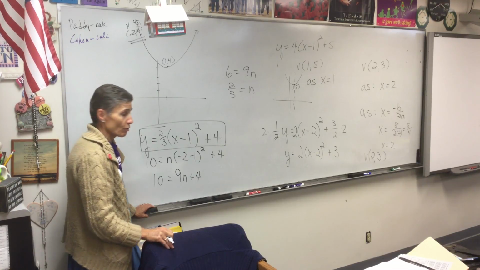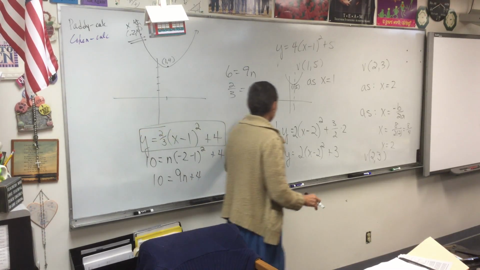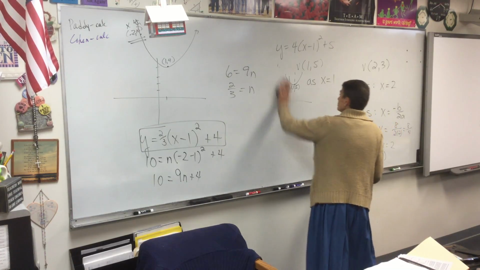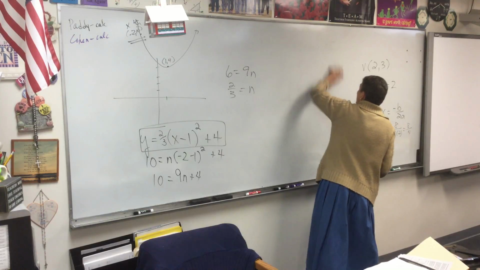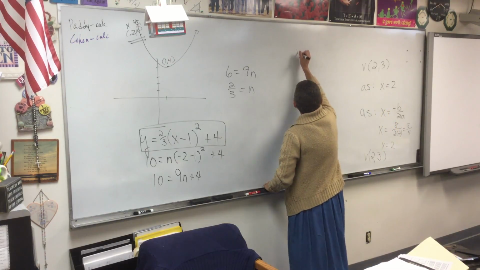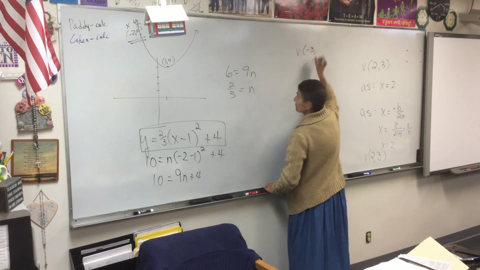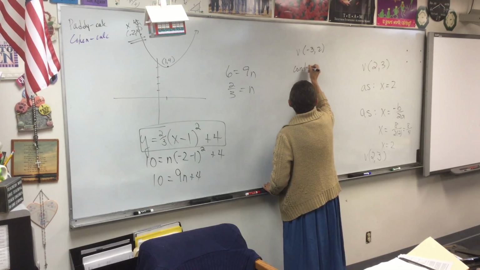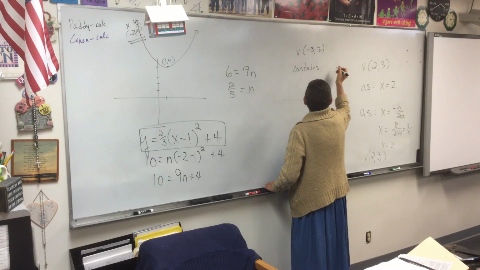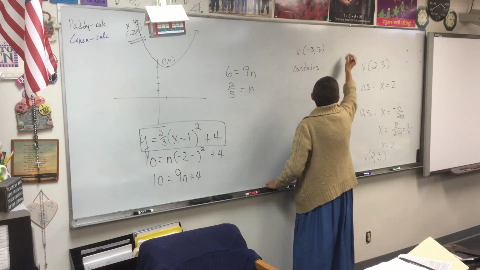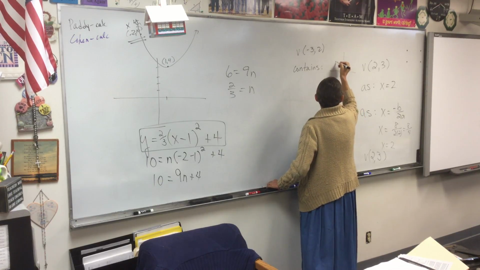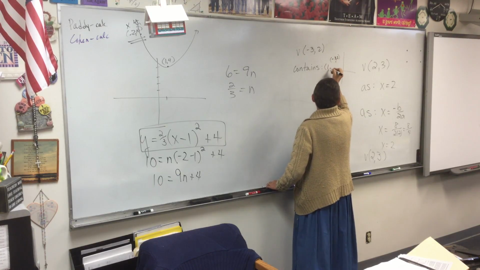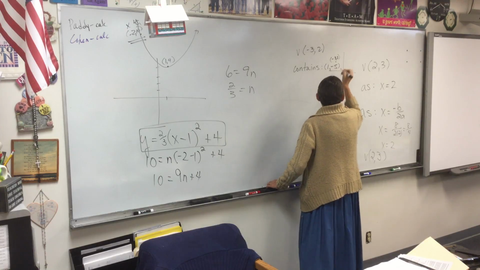Okay, let's try another one. Obviously not on the sheet, but let me just make one up. Let's suppose we want to write the equation of the parabola whose vertex is (-3, 2), and it contains the point (1, -5).